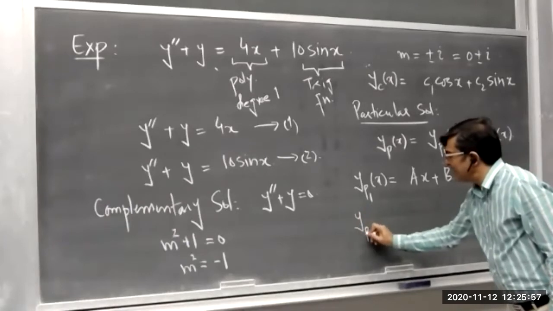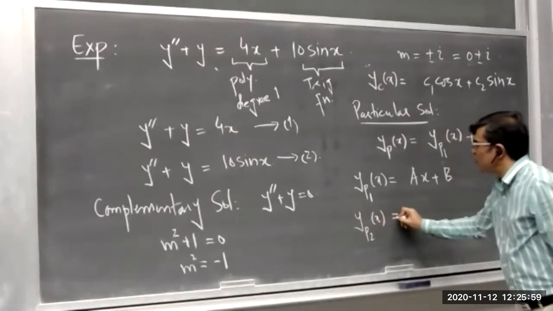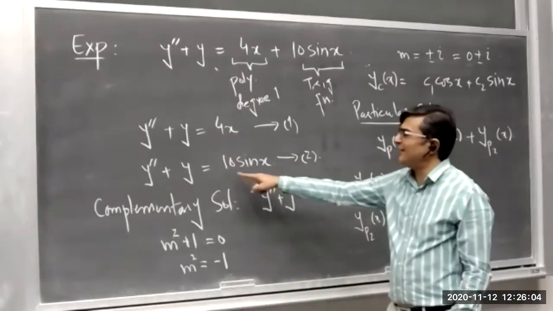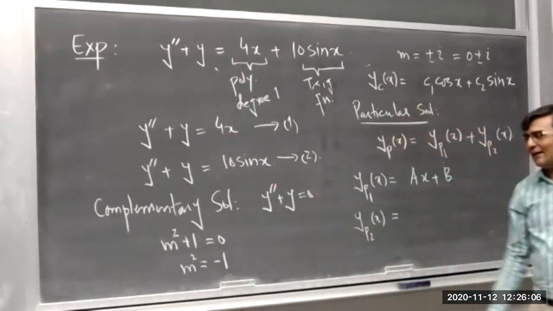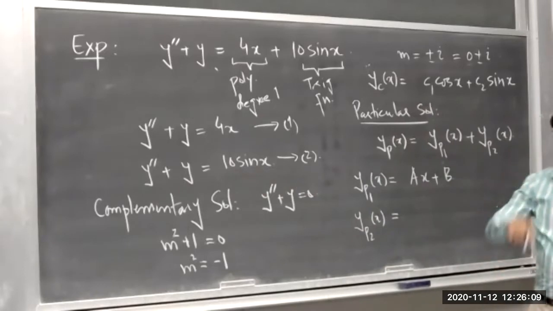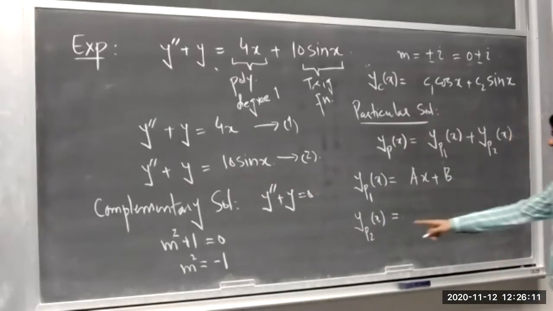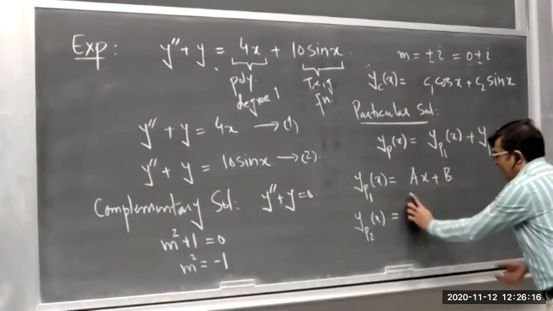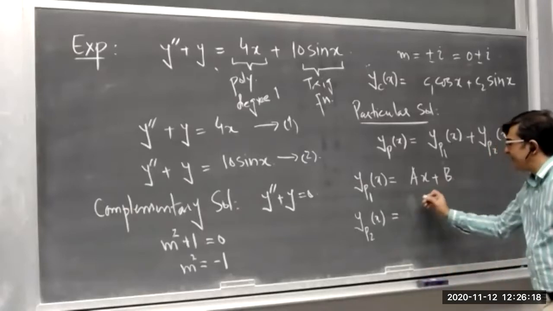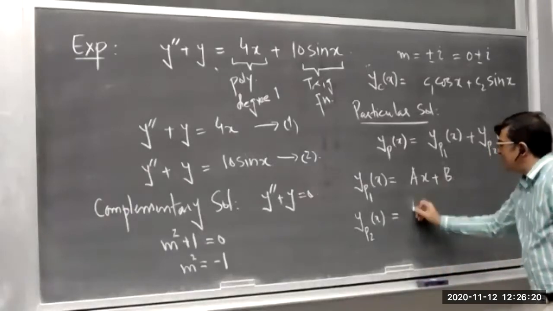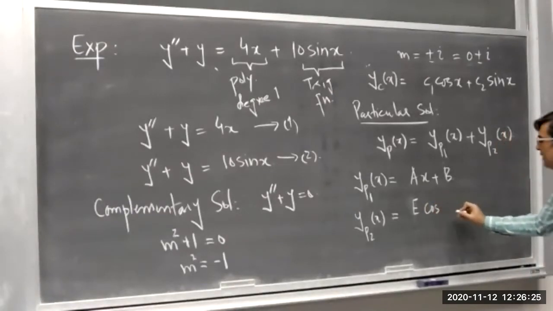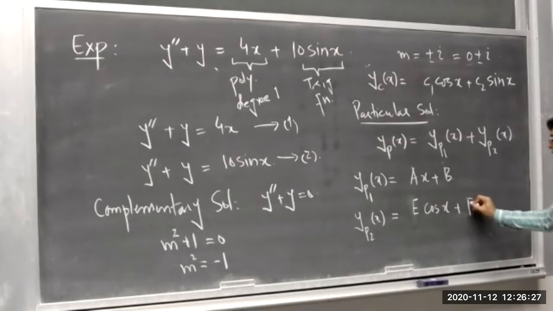And the second particular solution is what? Now, we look at the right-hand side of the second differential equation. It is 10 sine of x. So according to the rules which we discussed in the previous lecture, the assumed particular solution in this case will be, since we have already used a and b, maybe e cosine of x plus f sine of x.